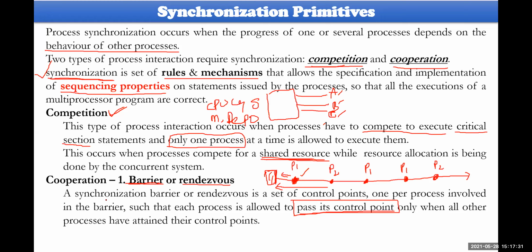So this is what the barrier or reduction kind of cooperation is about. And the second is very important. Already you have studied in your operating system course the producer-consumer kind of cooperation.